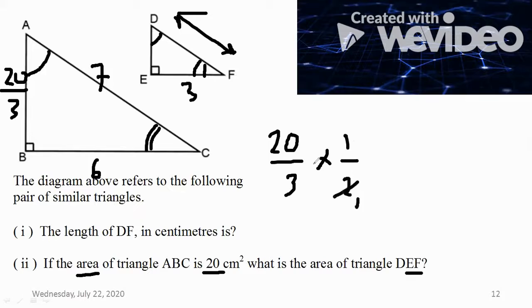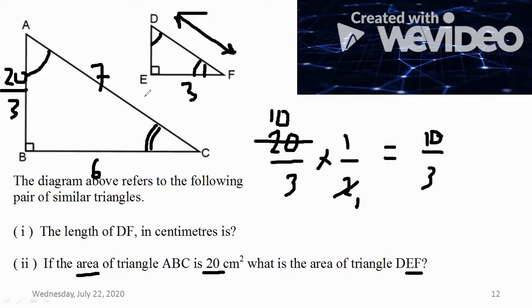When we reduce that, 2 can go into 20, 10 times. We end up with 10 over 3. So that's the height of ED, 10 over 3.